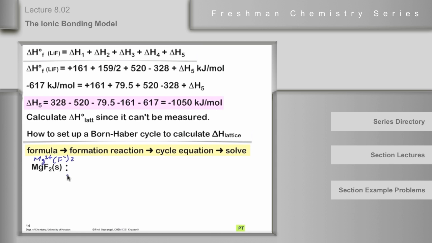So the lattice energy for this is the energy released when a mole of magnesium ions in the gas phase combines with 2 moles of fluoride ion in the gas phase to make 1 mole of magnesium fluoride crystals, or solid. Okay? The formation equation is Mg solid plus F2 gas goes to MgF2 solid.